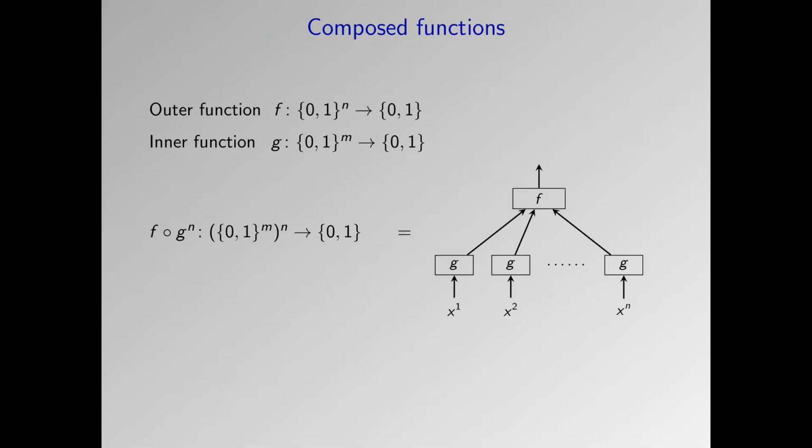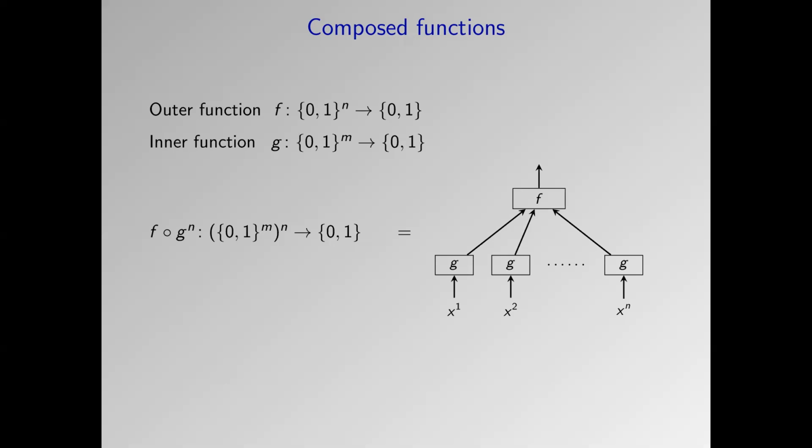We're going to consider functions of a composed form. These come up often in complexity theory. Suppose we have an outer function f from n bits to 1 bit, and an inner function g from m bits to 1 bit. Then when we compose these, we'll get a function that looks like this. The input is m times n bits long. The input is a tuple of n strings, each of which has m bits.